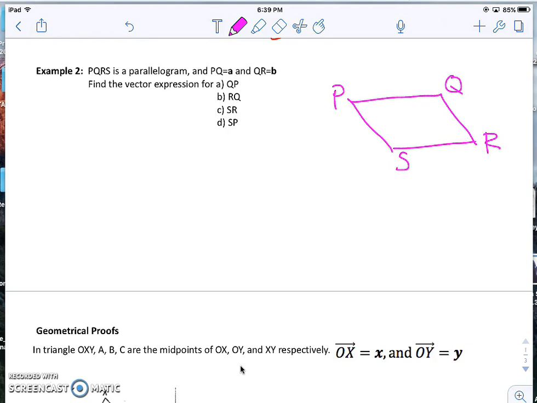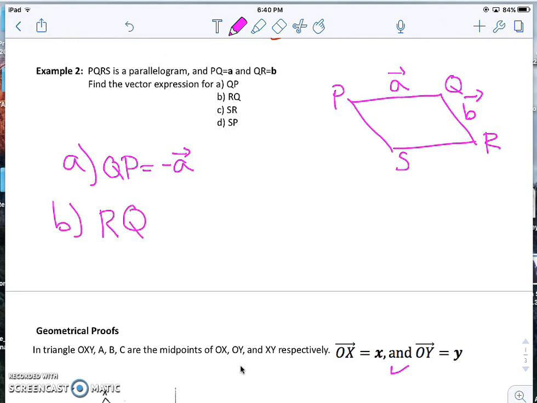If PQ is vector A, and you'll notice how it's bold there, QR is vector B, find Q to P. Well, we're going the opposite way, so Q to P would be negative vector A. Letter B, how do we get from R to Q? Well, that would be the opposite of vector B.